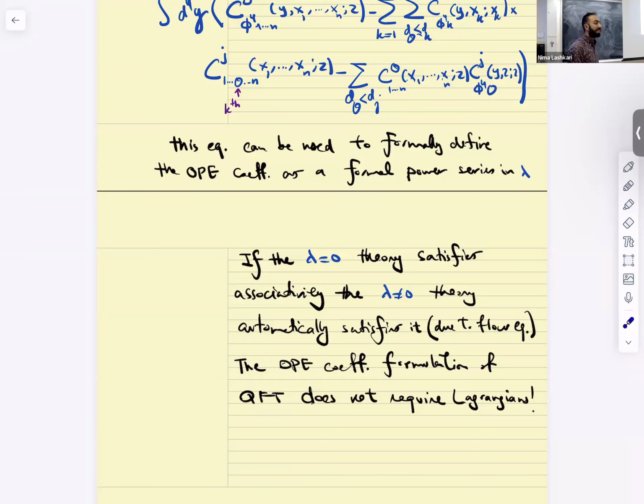A very good example of that, actually, this is a real beautiful example. Think about free scalar field theory in 6 dimensions, 5 plus 1. Start with the Lagrangian, which is just the free theory, (∂_μ φ)² plus m² φ².